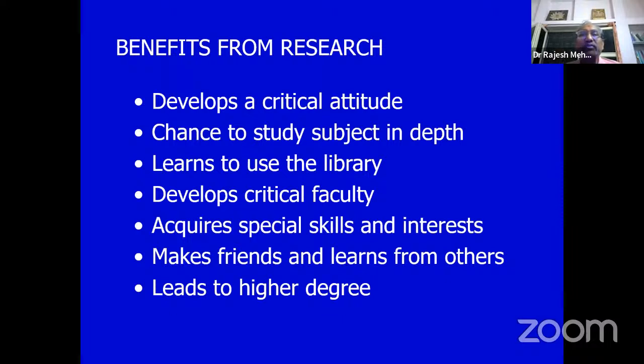When you go into depth, you have a chance under this research. Nowadays people don't go to the library, but at least online resources you have. You study the thing in detail. When you want to talk about vitamin B12, one fellow was giving B12 injections to so many people, and people used to come frequently to that person.